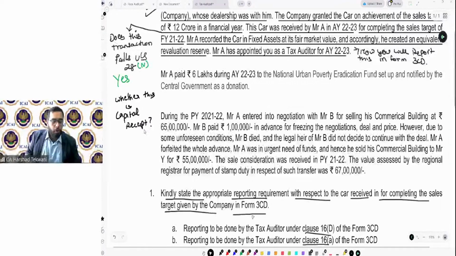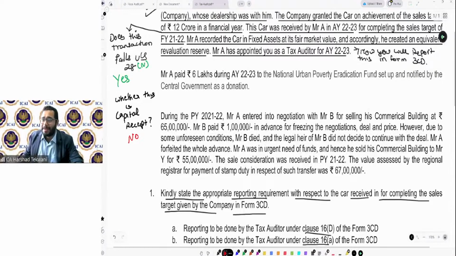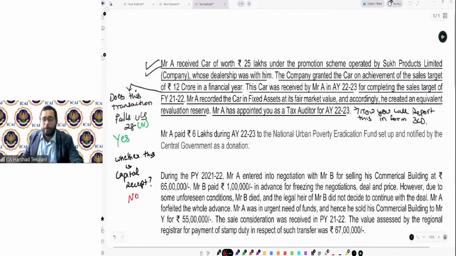So the answer is no, this is not a capital receipt. I have not received an amount, I have received an asset. So I cannot classify it as a capital receipt.